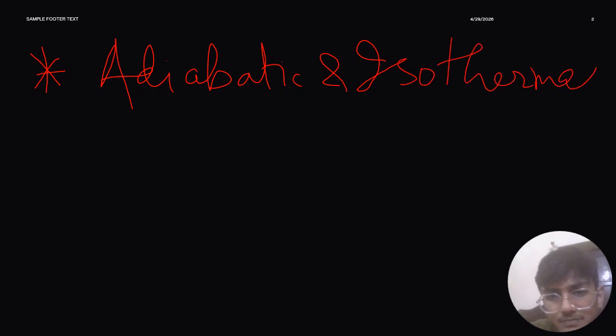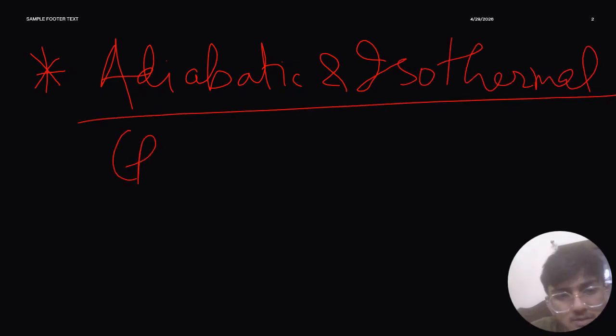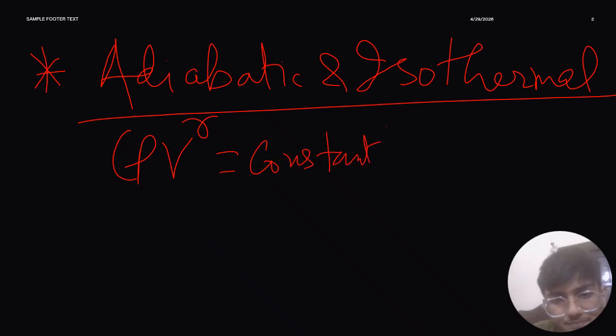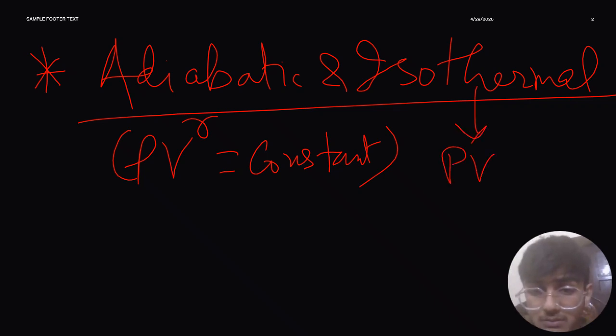So in the adiabatic process, we saw that PV raised to the power gamma is equal to constant. For isothermal, PV is equal to constant.